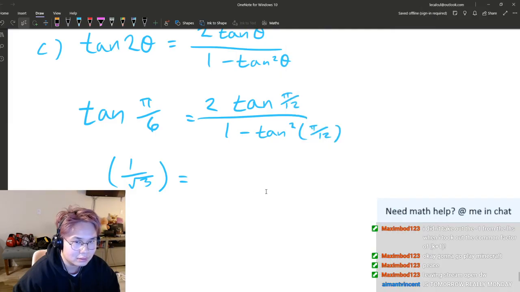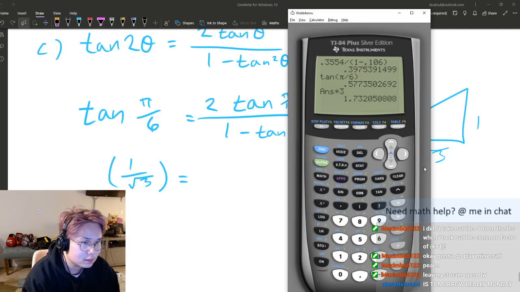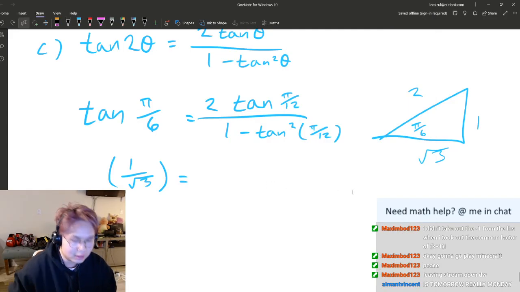It's not. Time to draw my triangle. Pi over 6, 1, 2, root 3. No, it is 1 over root 3. Opposite over adjacent. Mode, radian. Wait, if I square this, I should get 3, right? Yeah, okay. No, it works.